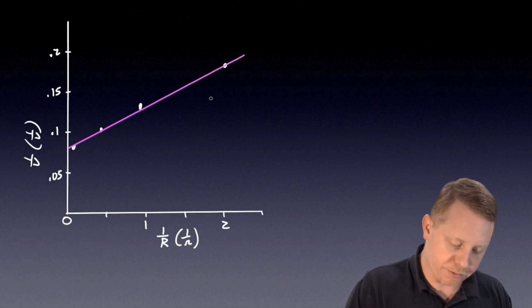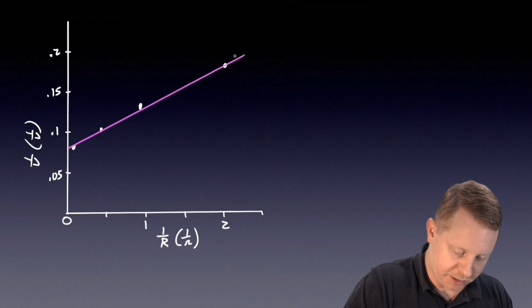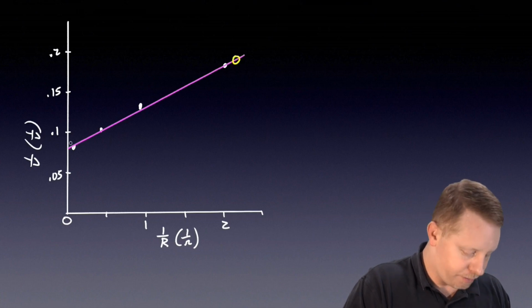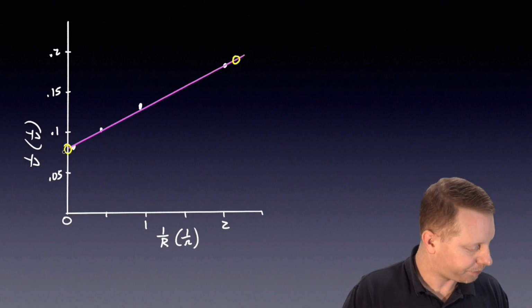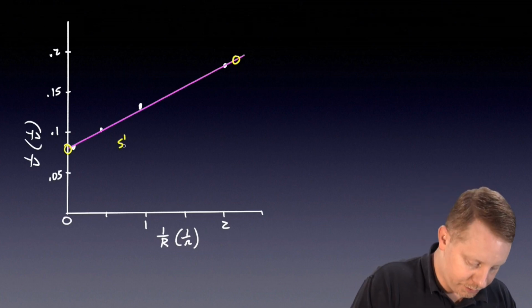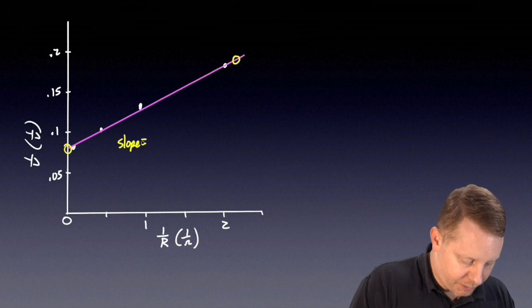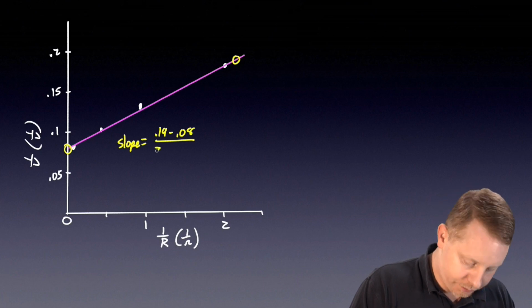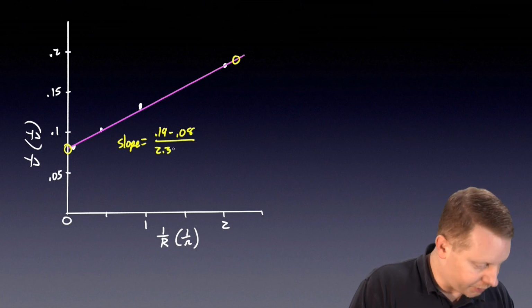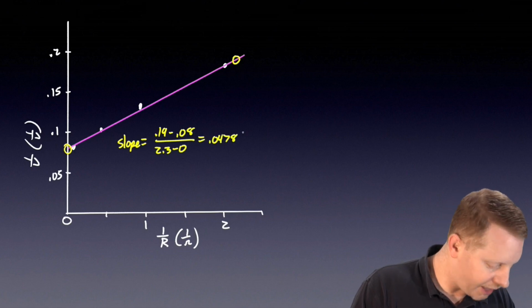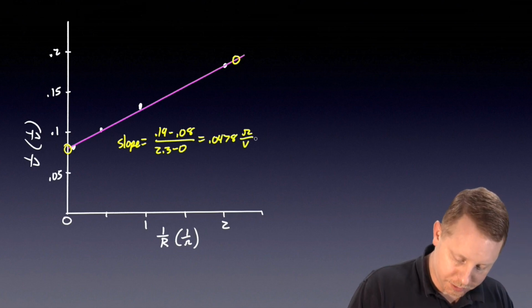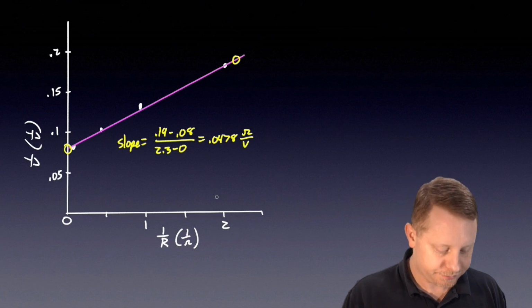When I did this for real, I had a point that was pretty convenient, right over here, and one fairly far away. I think I used the y-intercept there. So my slope came out to be about 0.19 minus 0.08, y2 minus y1, over 2.3 minus 0, or about 0.0478 ohms per volt.